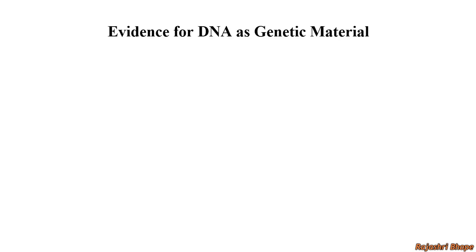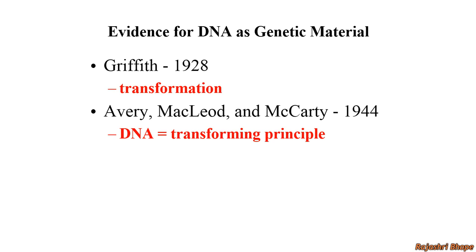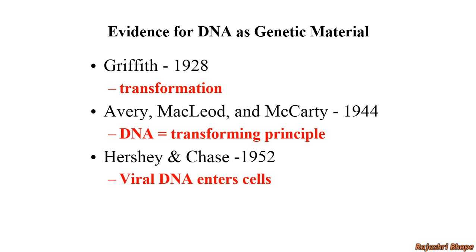Now the next is evidence for DNA as genetic material. Griffith in 1928 discovered the process of transformation, that is, something is transforming non-virulent strains to virulent ones. Avery, MacLeod, McCarthy in 1944 discovered that DNA is the transforming principle, and Hershey and Chase in 1952, just one year before the discovery of DNA structure, discovered that the viral DNA is transferred from one generation, or say from parents to the progeny.